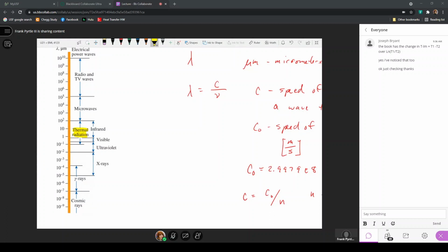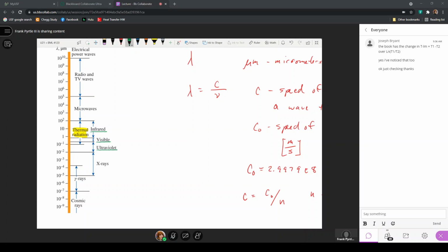This thermal radiation that I referred to before is continuously emitted by all surfaces, all materials that are above a temperature of 0 Kelvin. All of this energy that is thermal radiation will be emitted as infrared, or distributed through the infrared range, the visible light range, and a portion of the ultraviolet range.